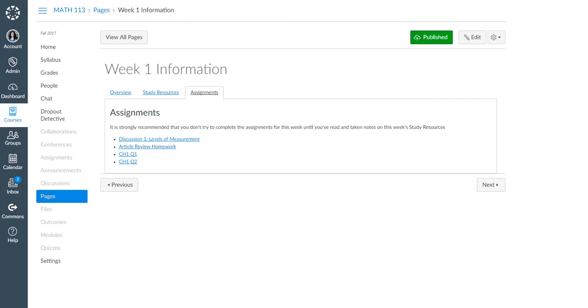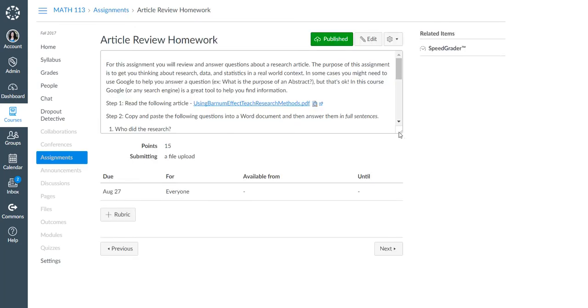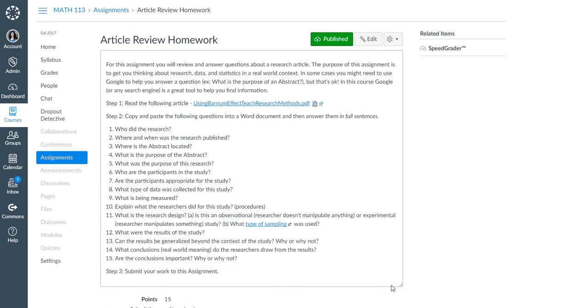Now the article review homework. You're going to read the article "Using the Barnum Effect to Teach Research Methods." You don't necessarily have to print it. Then copy and paste the following questions into a Word document and answer them in full sentences. Who did the research? Where and when was the research published?